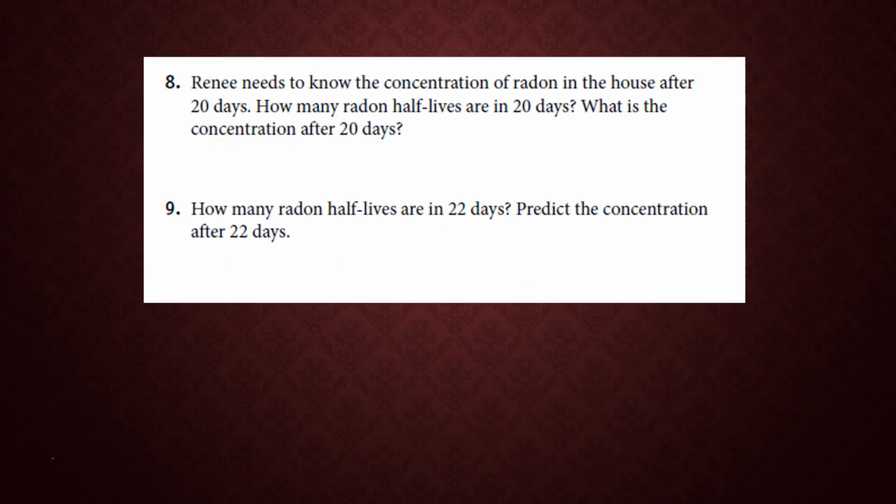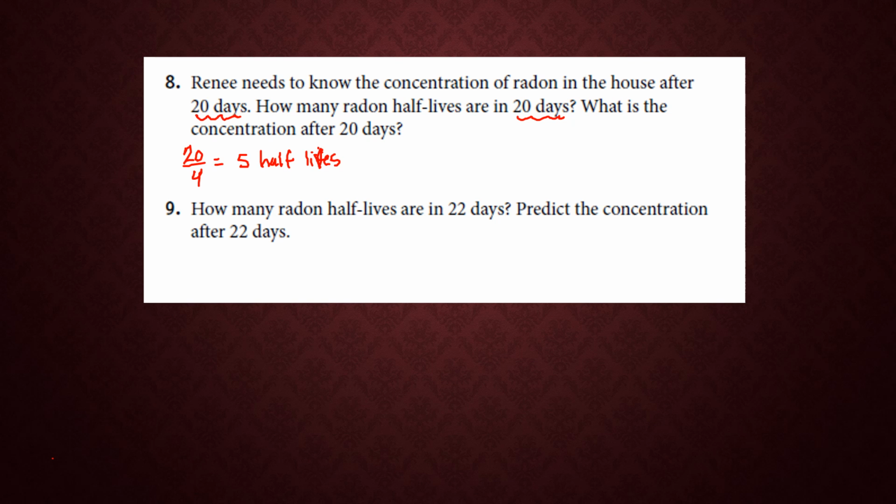Renee needs to know the concentration of radon in the house after 20 days. How many radon half-lives are in 20 days? Well, a half-life is 4 days, so that would be 5 half-lives in 20 days.